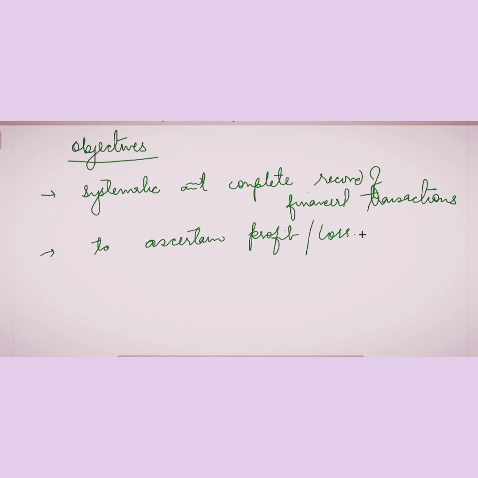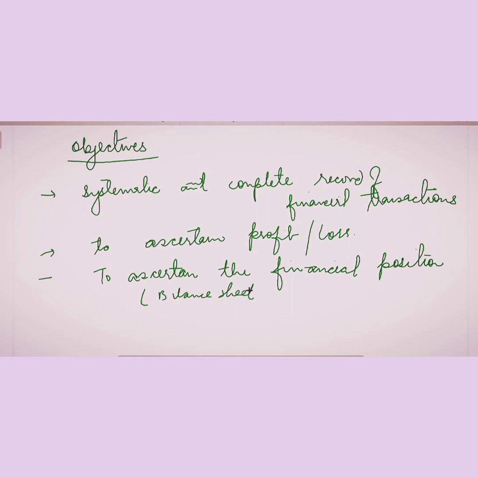Now the third is to ascertain the financial position. The third objective is to ascertain the financial position of the business by means of financial statements, and one financial statement is the balance sheet.